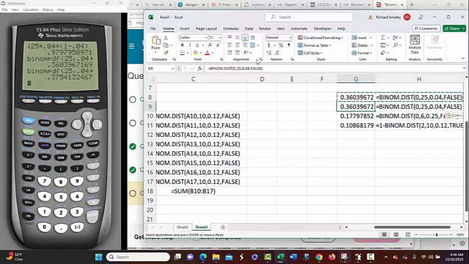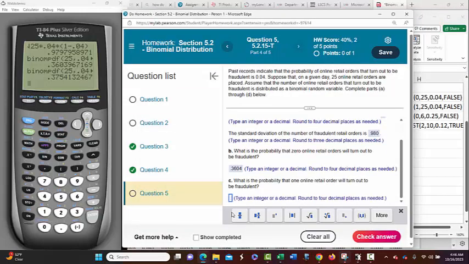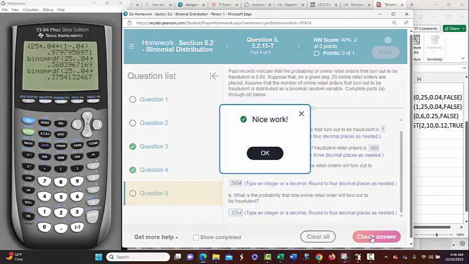And then here I'll change it to 1 and you'll see it. 3754, I like it. Beautiful.